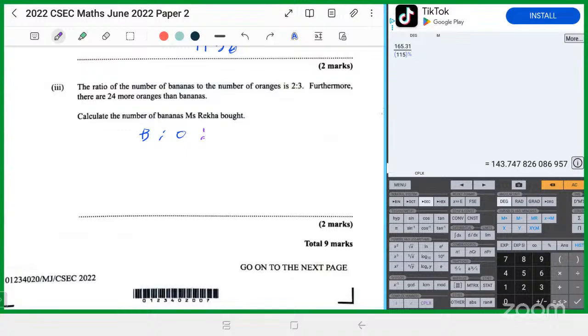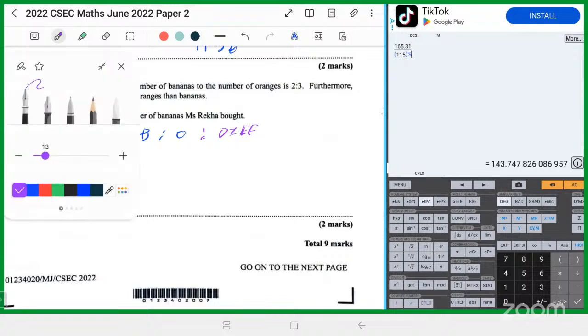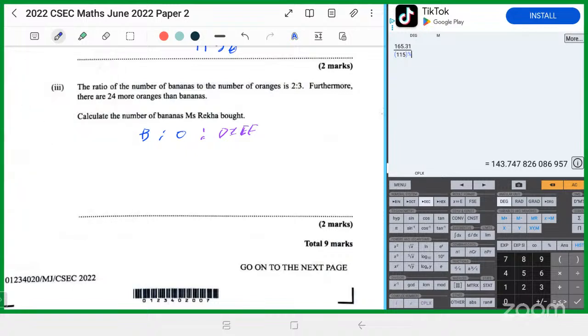So I'm going to put in the difference right here. The figure that they gave us was 2 to 3, and the difference between 2 and 3 is 1. But the actual difference is 24.